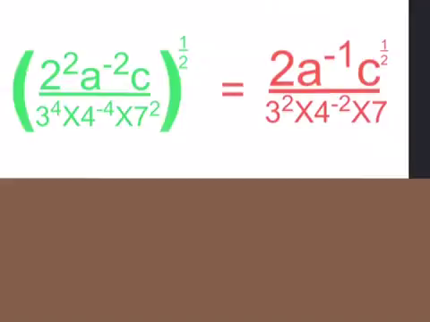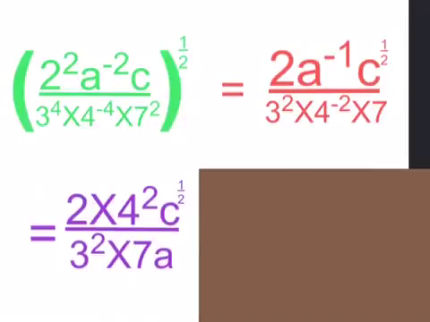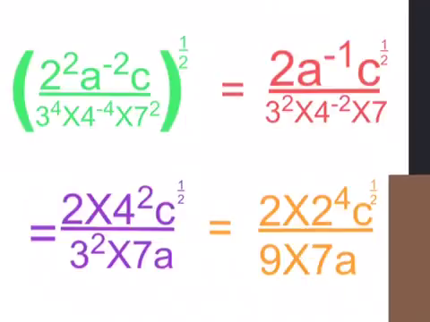When I did this, I changed the powers of both of the terms, and it should be this. Then I changed 4 to the power of 2 into 2 to the power of 4, and changed this 3 squared into a 9, like this, so that I could simplify it even further.